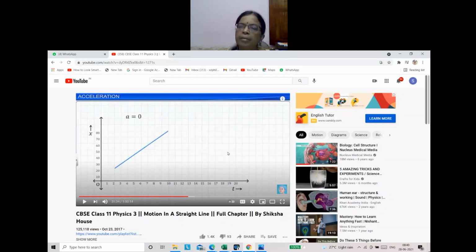Midul. No answer. Mohammed Nihal. Nihal also not answering. Parthiv, what type of motion is this? The xt graph is a straight line inclined to the time axis.